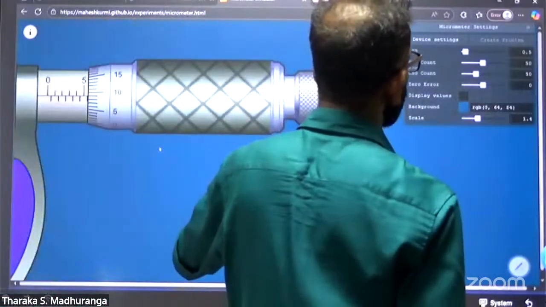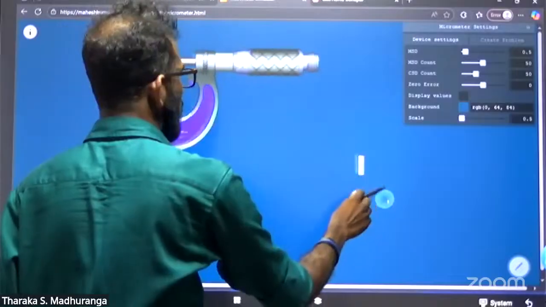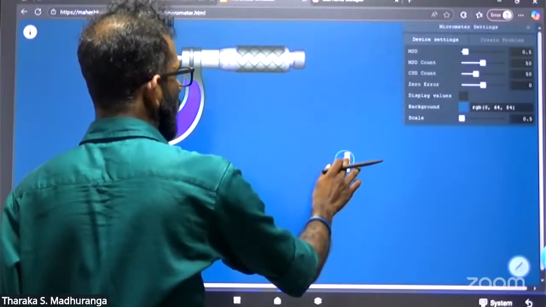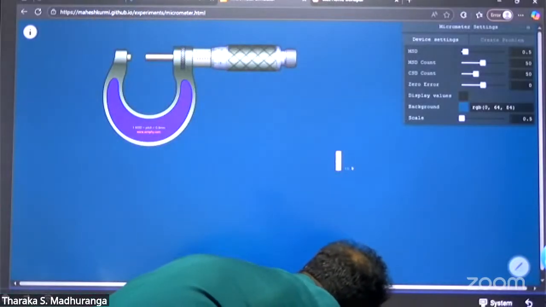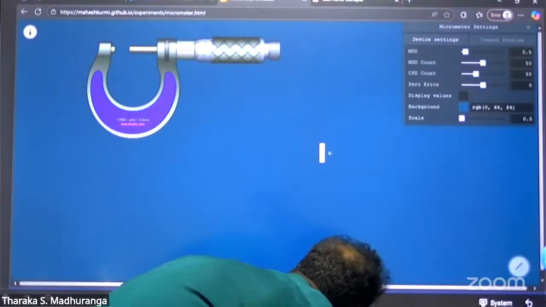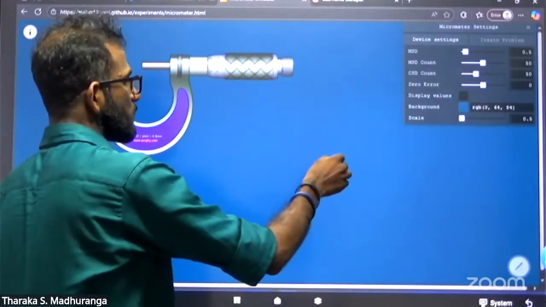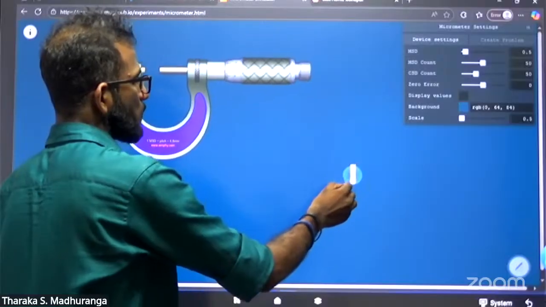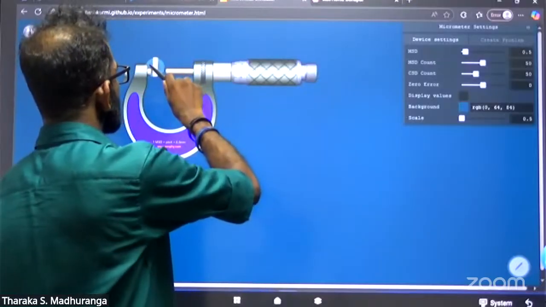Why can we not move this? Okay, now okay. This is my object.